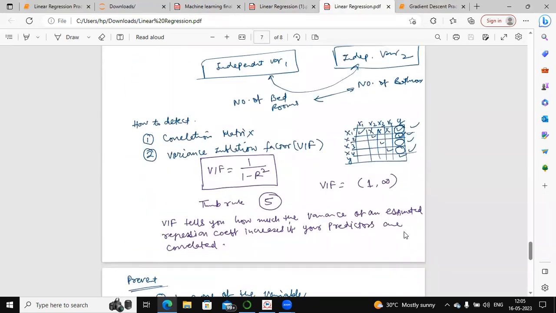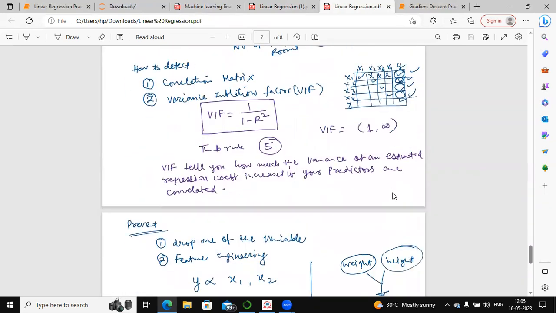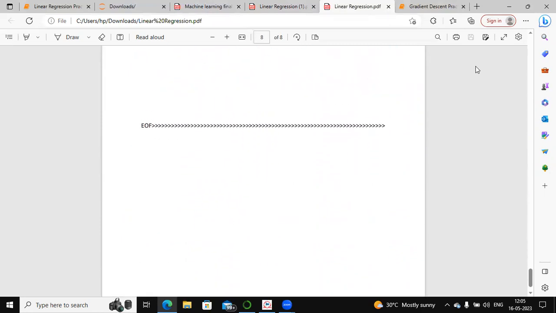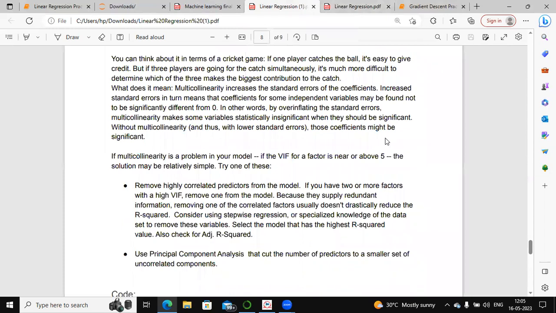From this, I have completed all the concepts that need to be known in regression. In the next video, I will be doing the linear regression coding part, where we will take the advertising CSV file and perform some linear regression models on it.